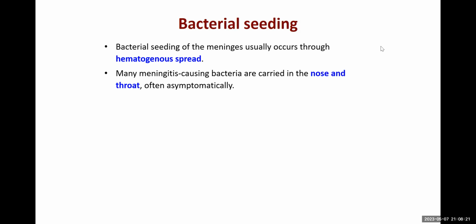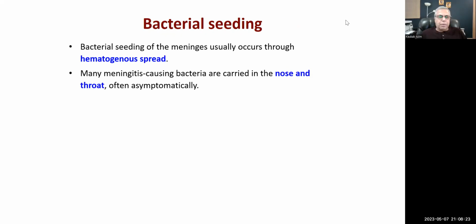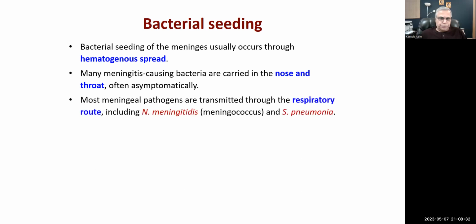Many meningitis-causing bacteria are carried in the nose and in the throat, and they are the normal commensals over there. They are asymptomatic, I mean, they don't cause any symptoms. Most meningeal pathogens are transmitted through the respiratory route, including Neisseria meningitidis, also known as meningococcus, and Streptococcus pneumoniae, also known as pneumococcus.